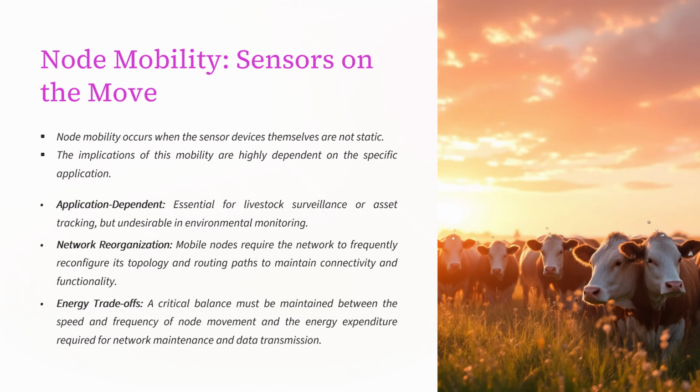I can place a sensor on the body of the animal and try to focus on its habitat from morning till evening. Here we cannot expect the animal to stay in one single place, so it will keep roaming from one point to another point. So this is a very good example for node mobility.